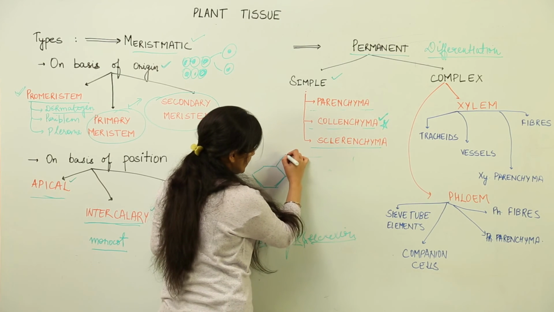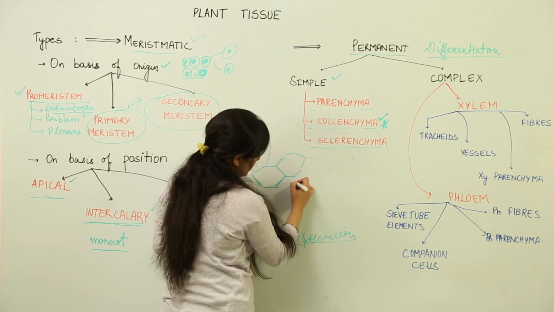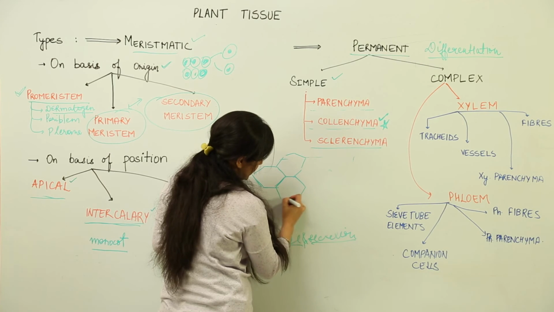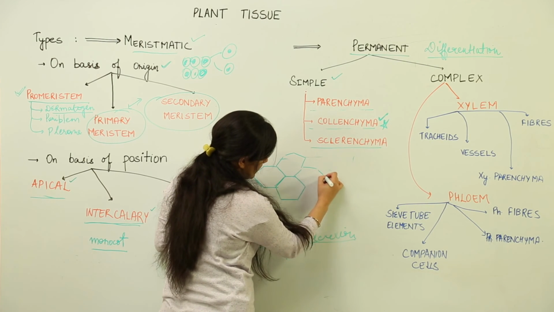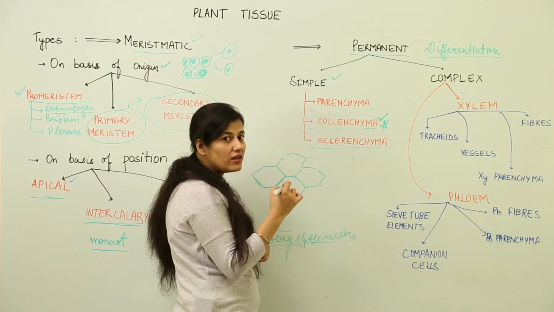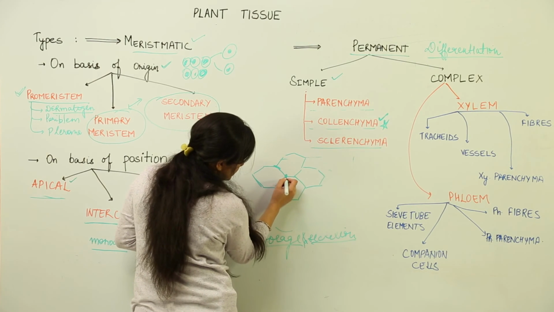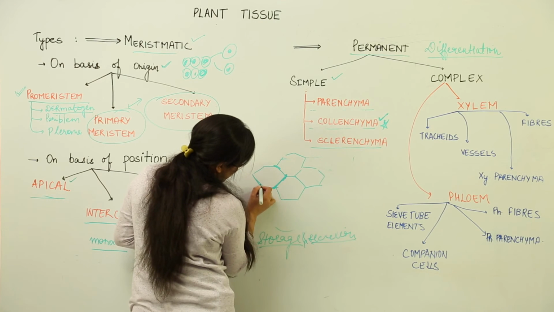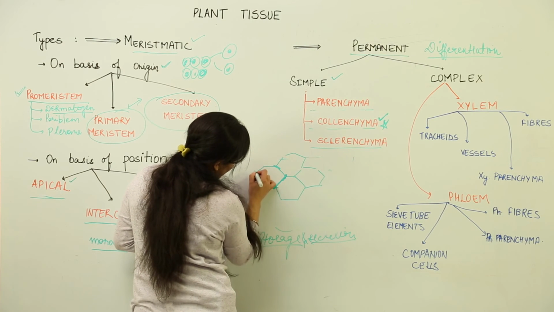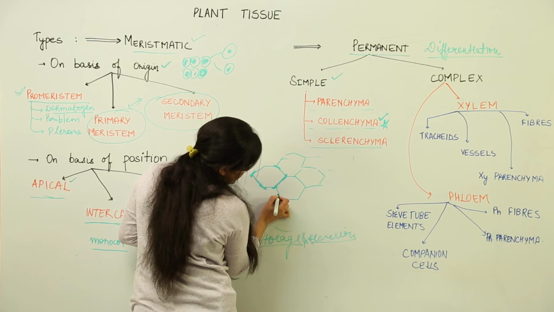They are closely packed, but a peculiar feature present inside the cells of Collenchyma is that they have angular thickenings. Angular thickenings means there would be some deposition of primary nature at these places.